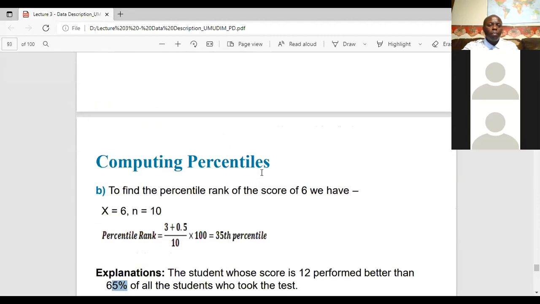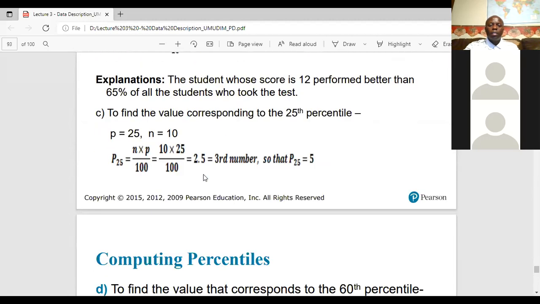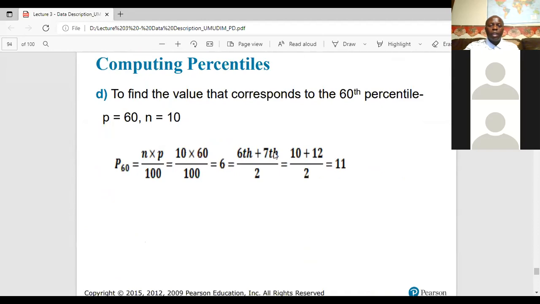Counting 1, 2, 3, 4, 5, this is the 6th number, which is 10, plus the 7th number, which is 12, divided by 2. That gives you 11. So this 11 corresponds to the 60th percentile.